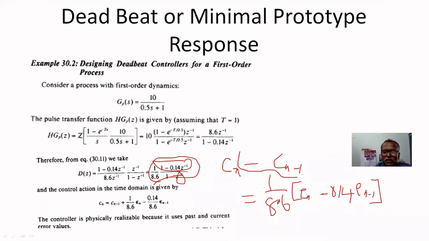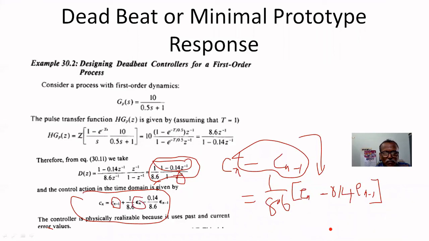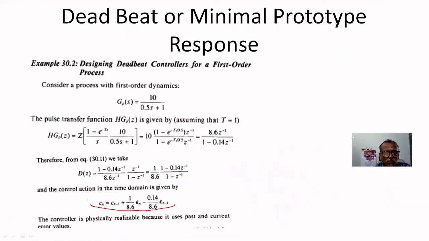If you bring this to the right hand side, you get this expression: C of n equal to C of n minus 1 plus 1 by 8.6 E of n minus 0.14 divided by 8.6 into E of n minus 1. That's all. It doesn't require any future value. Therefore, this is physically realizable.